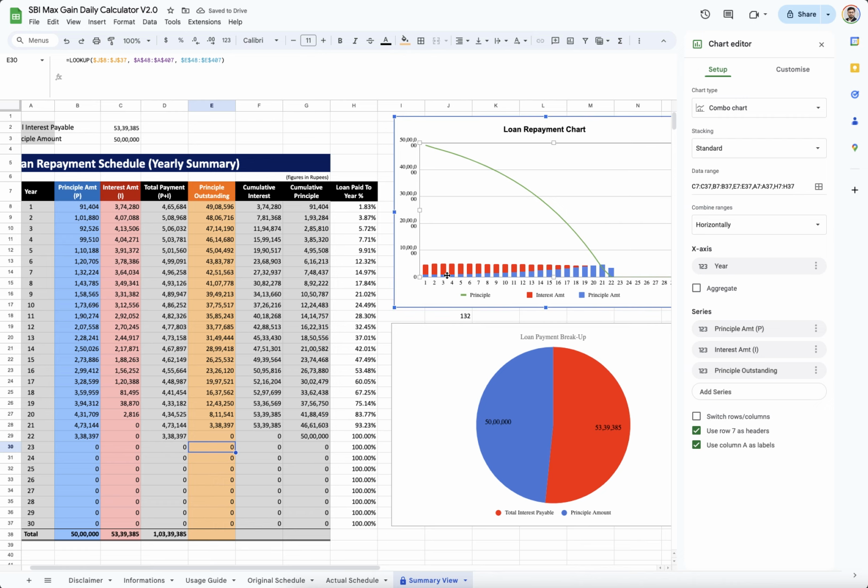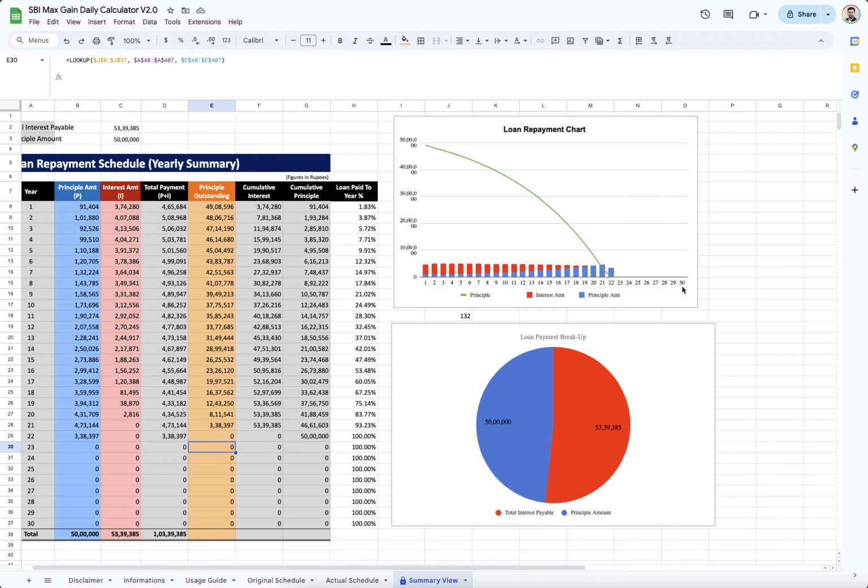So this will give you a visual. In the initial years you are paying much interest and a little less principal, and then your principal is on an increasing trend, right? So this is how this entire calculation works, and I hope this helped you.